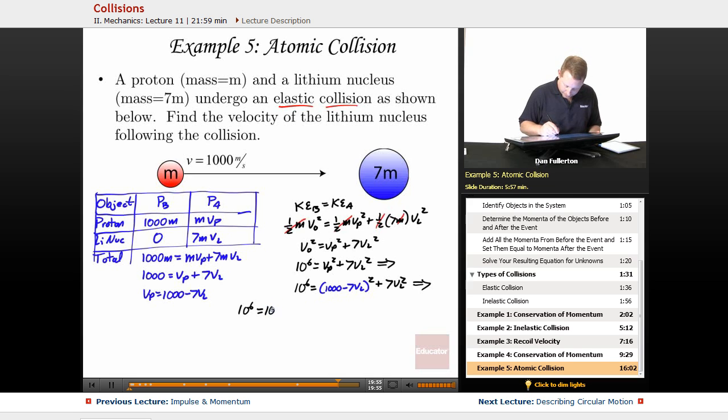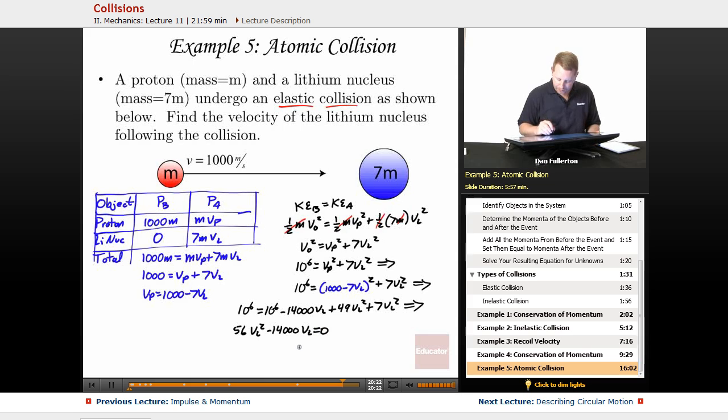That's going to be 10 to the 6th minus 7,000 VL, minus 7,000 VL, so that's minus 14,000 VL, plus 49 VL squared, plus our 7 VL squared, which implies then that 56 VL squared minus 14,000 VL is going to equal 0.